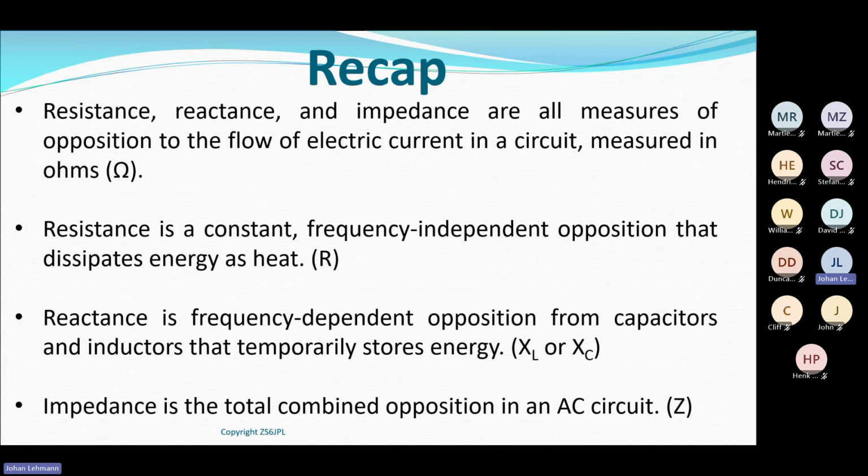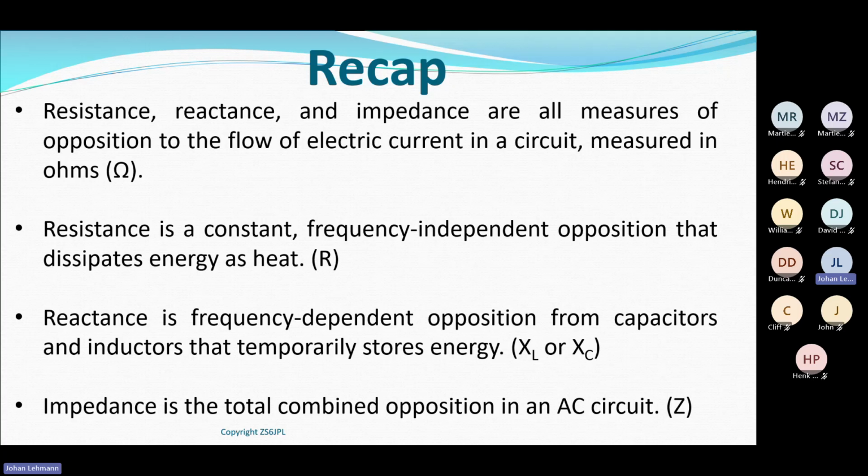Also from one of the previous lectures, just to recap, resistance, reactance, and impedance are all units of measure which describe the opposition of the component to the current flowing in the circuit.